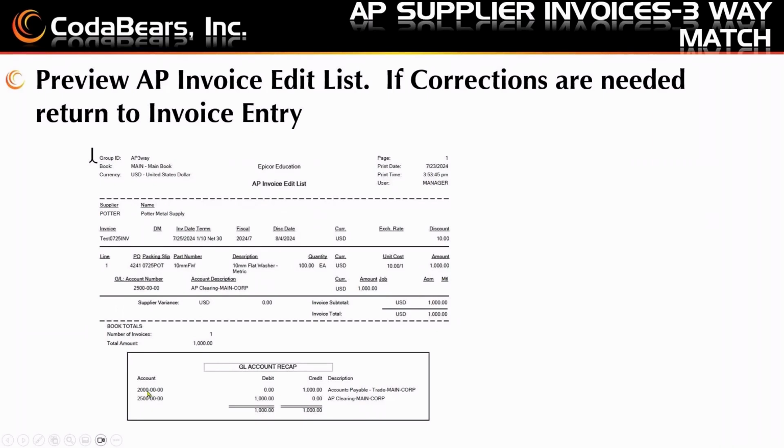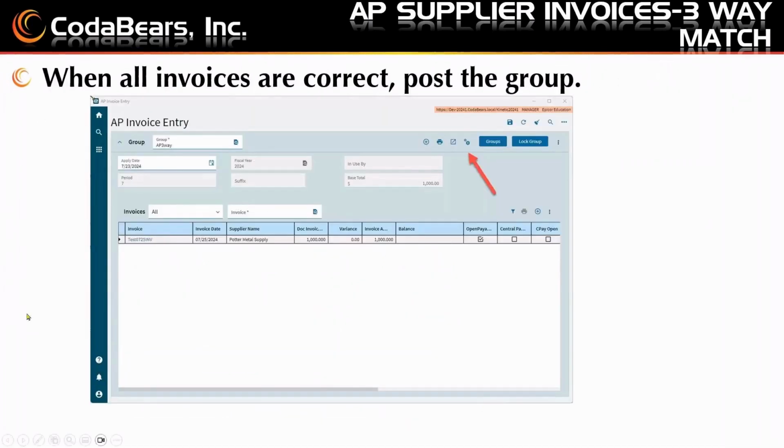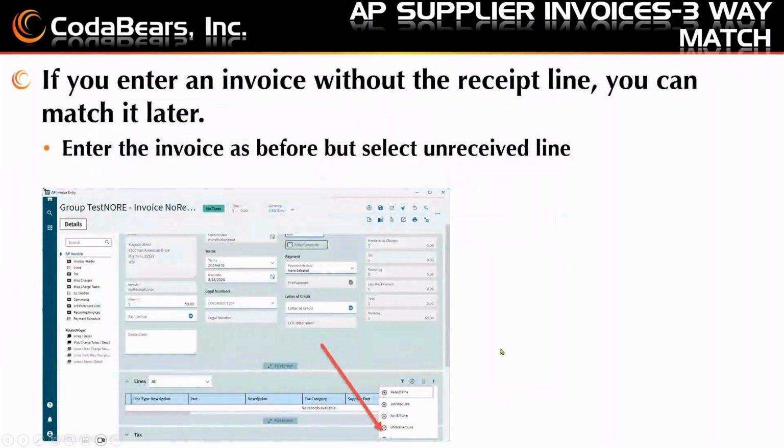Notice the entry is the credit to accounts payable and the debit to the accounts payable clearing account, as I said before. So once you're done and everything is corrected, you're going to hit your posting of the group and you're done with AP matching, three-way matching.